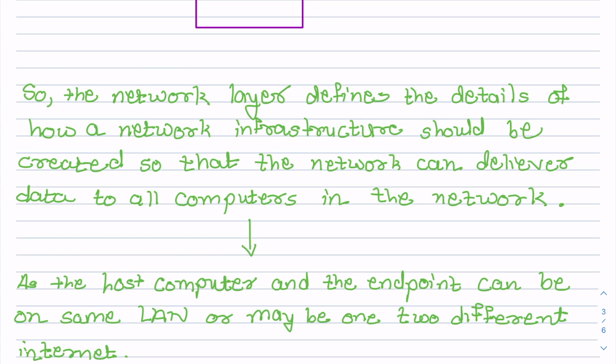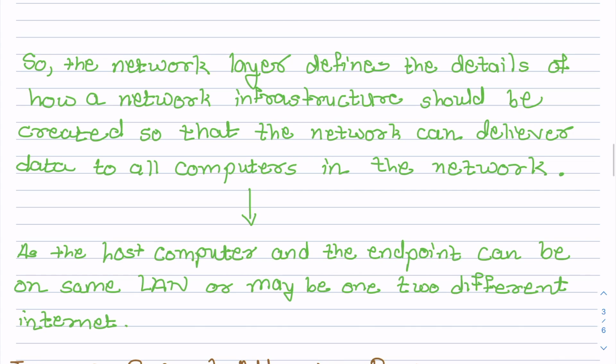This is how it's all created. Because the host computer and the endpoint might be in the same LAN, the local area network, or they might be in two different networks. So the IP address is the only way to send the data from one machine to another.